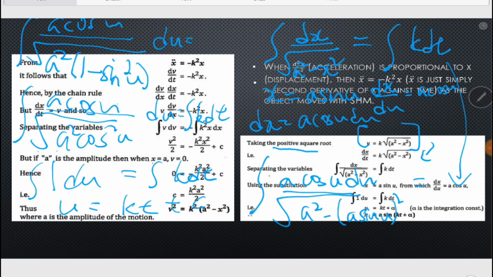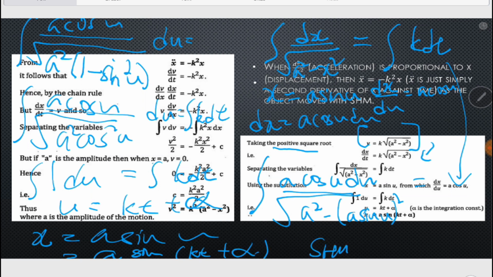The alpha is simply just c in our indefinite integral, but in this case, because this is simple harmonic motion, it is known as alpha, and we just sub back into x equals a sine u, hence you get a sine(kt plus alpha). This will give you the general equation of simple harmonic motion for x.